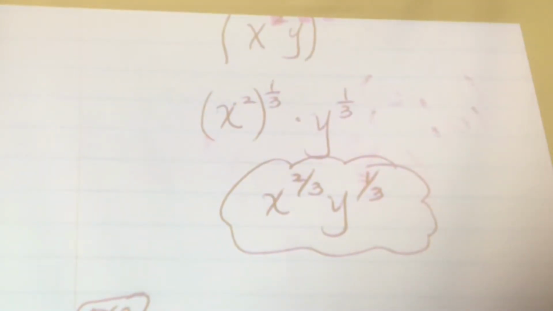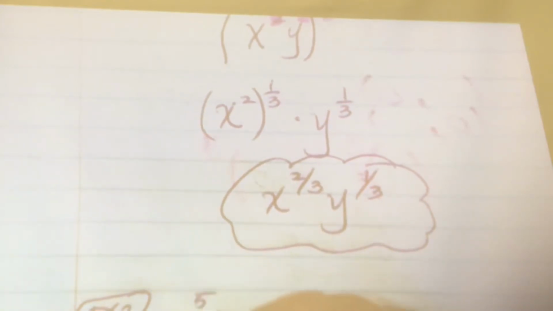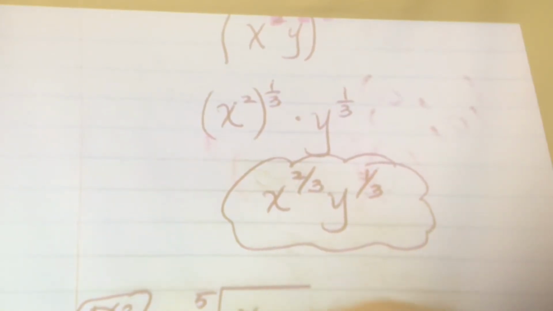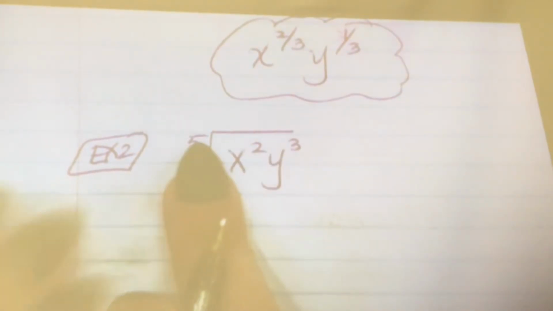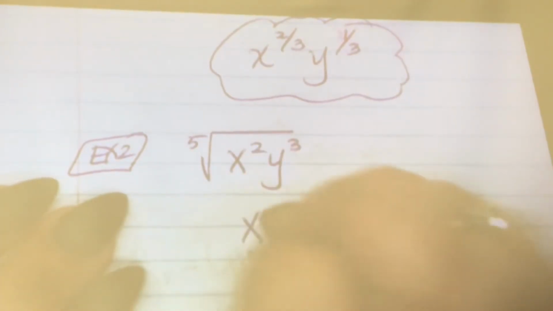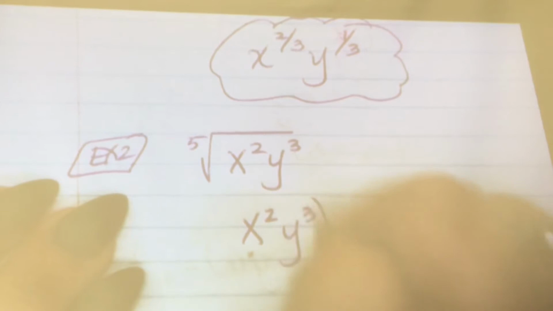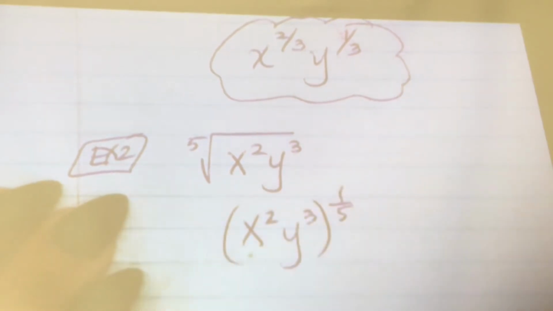Let's do another one. Example 2. Let's say I want to do the 5th root of x squared y cubed. Again, a 5th root means it's to the 1/5 power, so you're just going to rewrite x squared and y cubed to the 1/5.